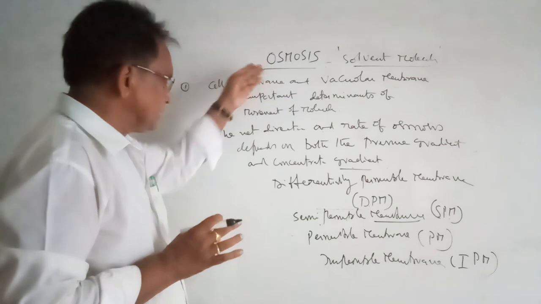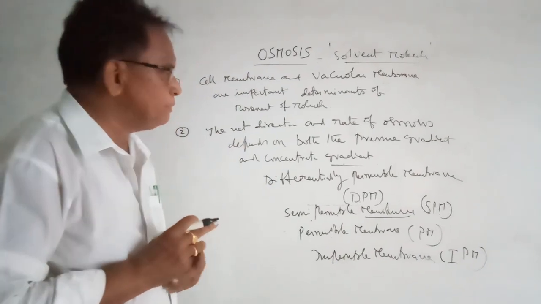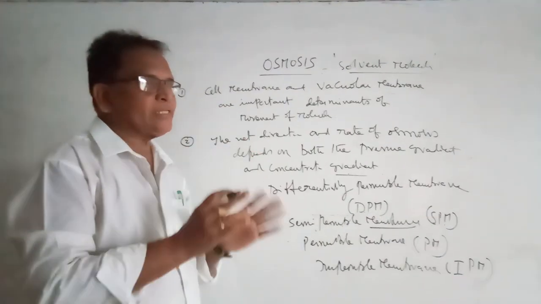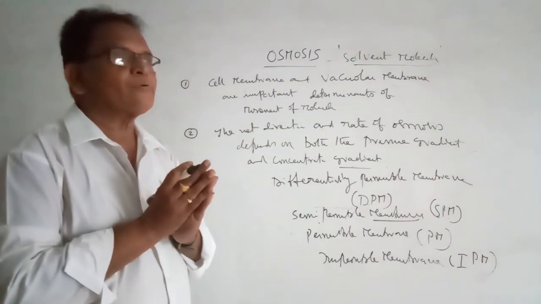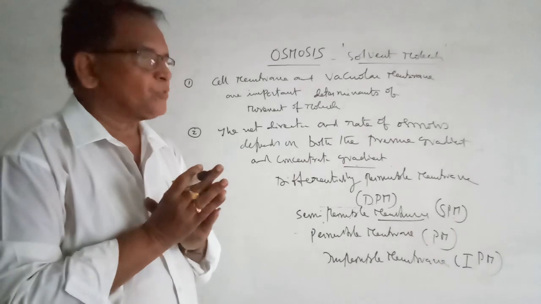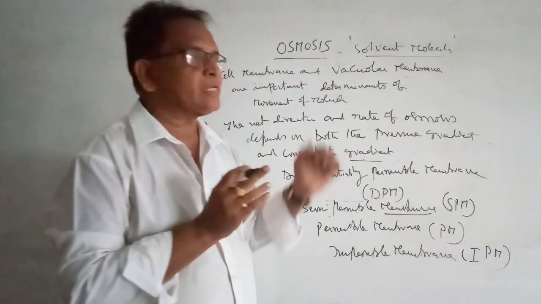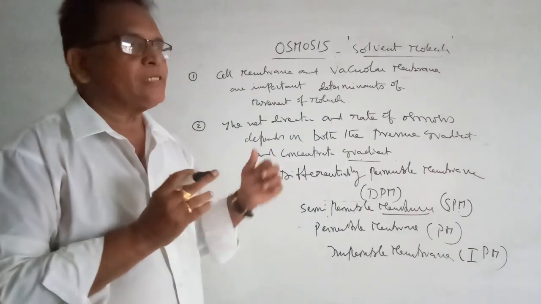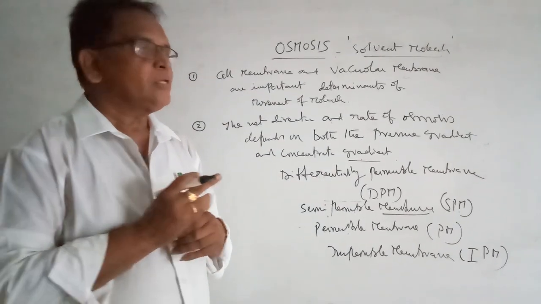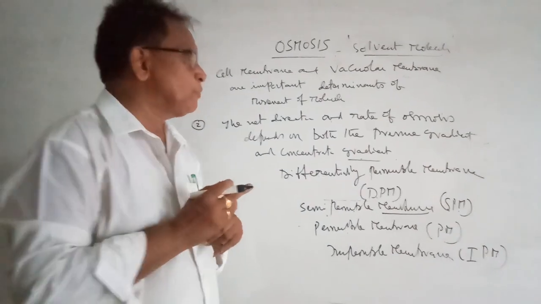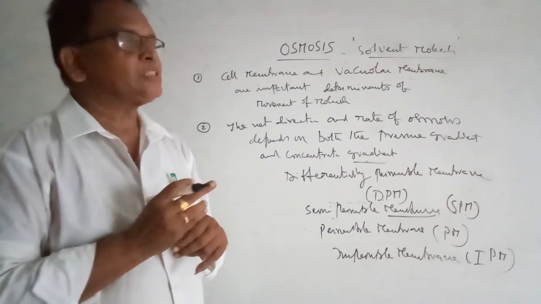So for our osmosis, this differentially permeable membrane is required. The definition of osmosis is very important: the movement of solvent molecules from a region of their higher concentration to the region of lower concentration through a differentially semi-permeable membrane is called osmosis.